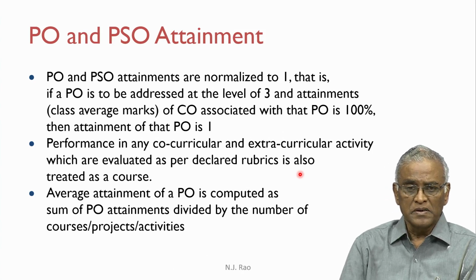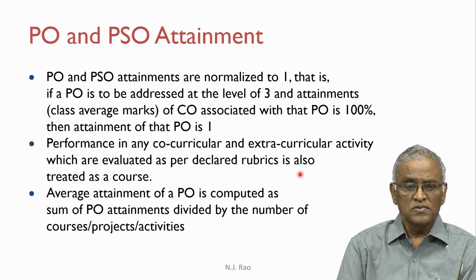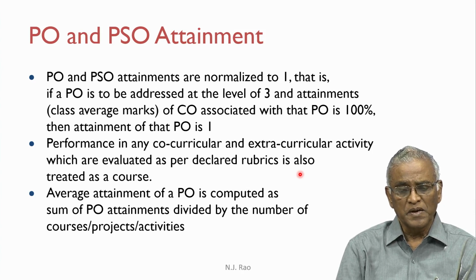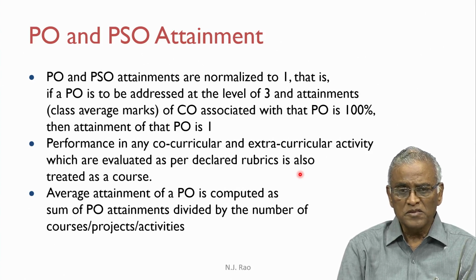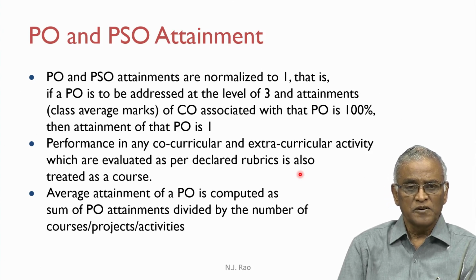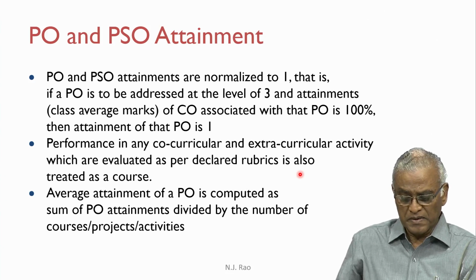So, what may happen, a particular PO that is not addressed by many activities, when I divide it by the total number, obviously that attainment becomes much smaller, which may give an uncomfortable feeling to the department.